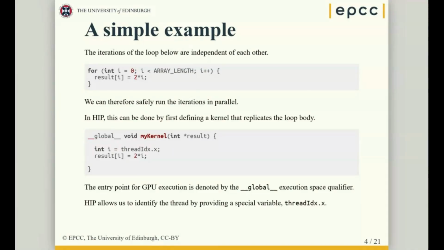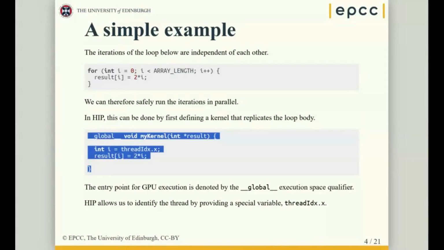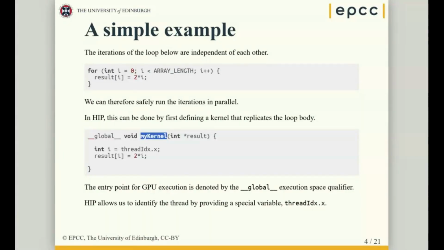So what is the way to execute a kernel using CUDA or heap? This is the kernel. We have here a function. We call it my kernel, or we can call it process. We can choose the name that we want. The function doesn't return anything.